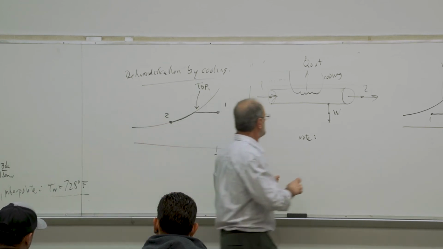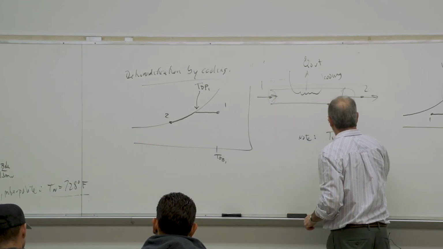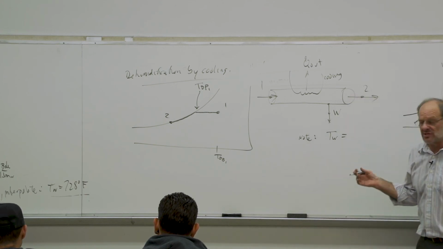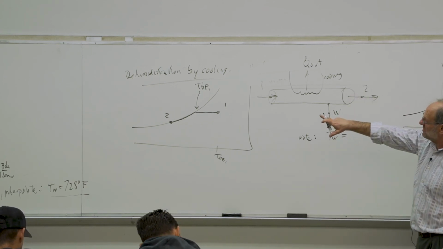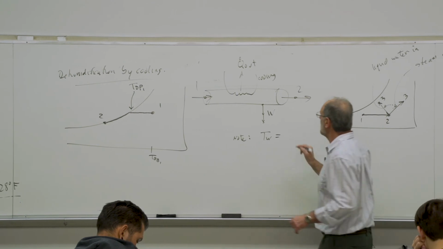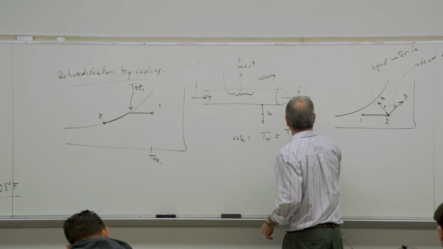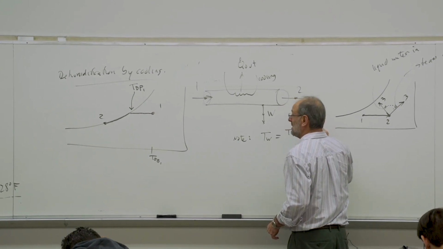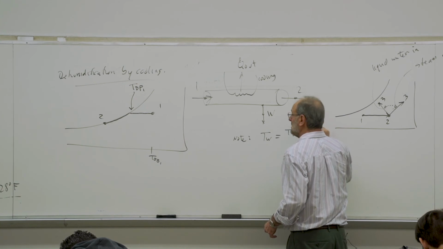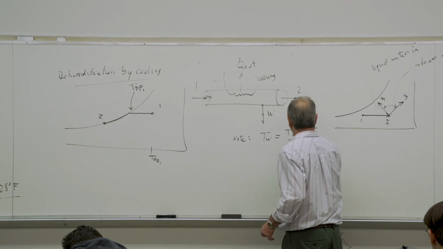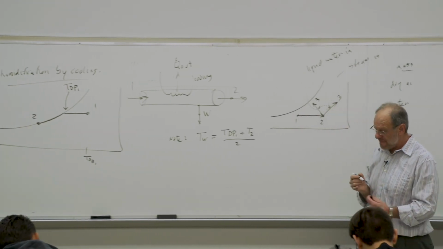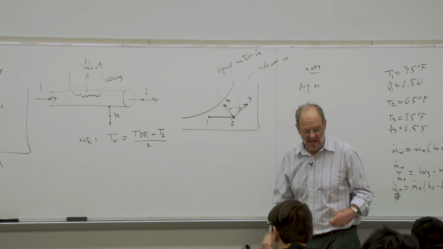In fact, what I would always note is that the temperature of the water is really just going to be the average between the dew point temperature and state point 2. Okay. So this is just the dew point plus the temperature at point 2 divided by 2. Okay, so that's going to be an approximate average.